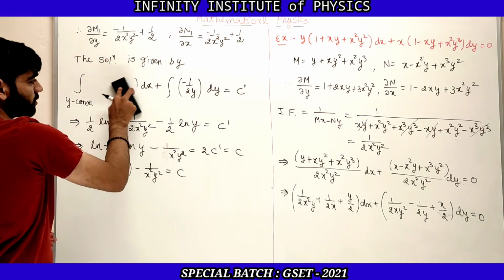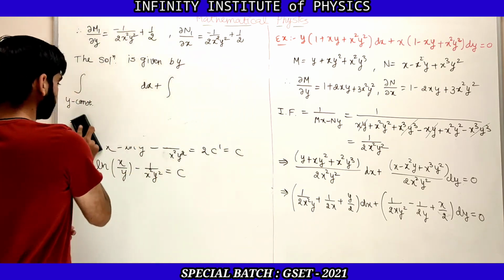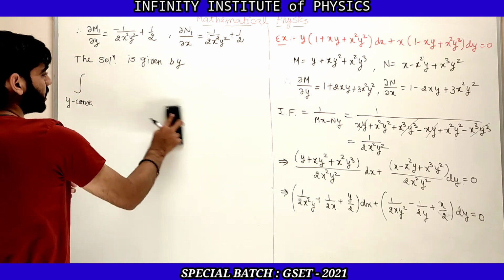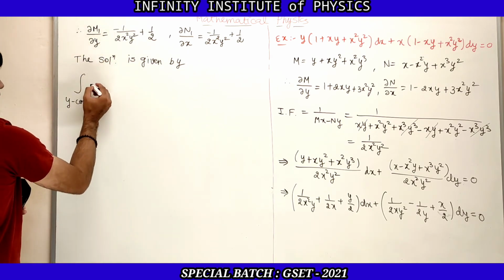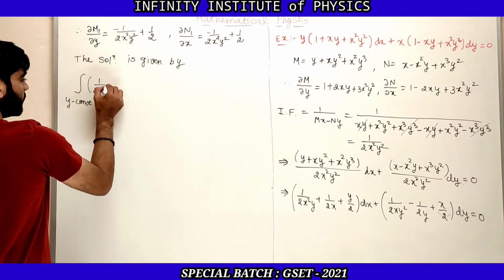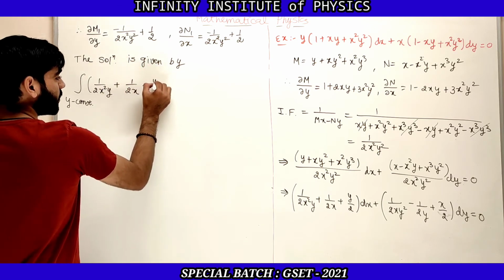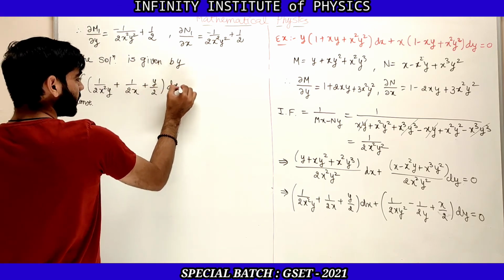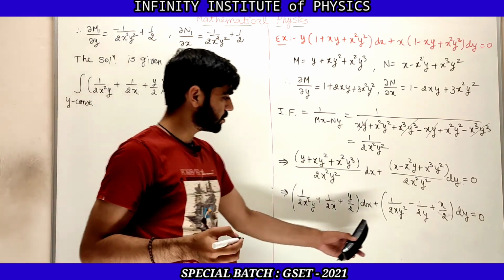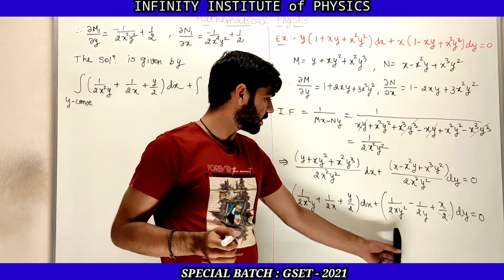So we need to find out the solution. So here in that first integration we need to consider that M1 is 1 by 2x square y plus 1 by 2x plus y by 2 dx, where y we need to consider as a constant, plus in the second integration we need to consider the term of N1 which is not containing the x.